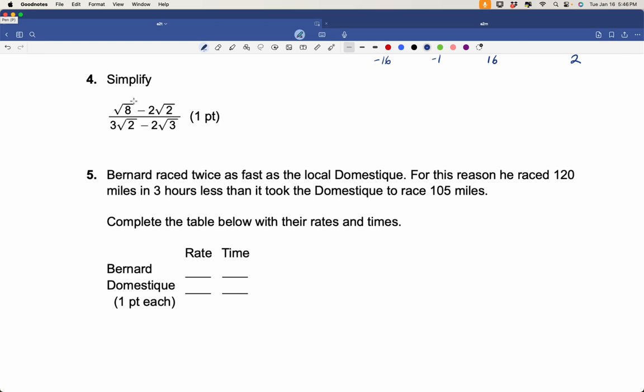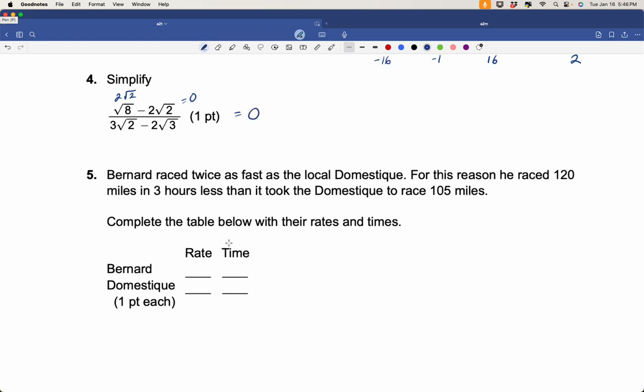So I don't see anything. Yes, I do. This is 4 times 2, which means 2 times the square root of 2. Well, guess what, folks? 2 times the square root of 2 minus 2 times the square root of 2 equals 0. 0 divided by, it doesn't matter, is equal to 0.